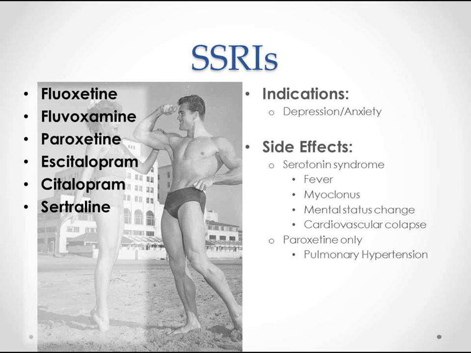But if it were to happen, you could end up with serotonin syndrome. There's also some worry about this with St. John's wort, because St. John's wort kind of acts like an SSRI and can increase serotonin levels. You also have to worry about pulmonary hypertension with paroxetine.